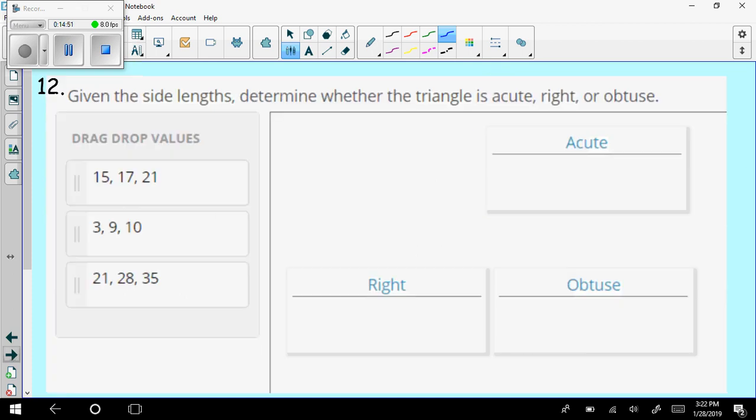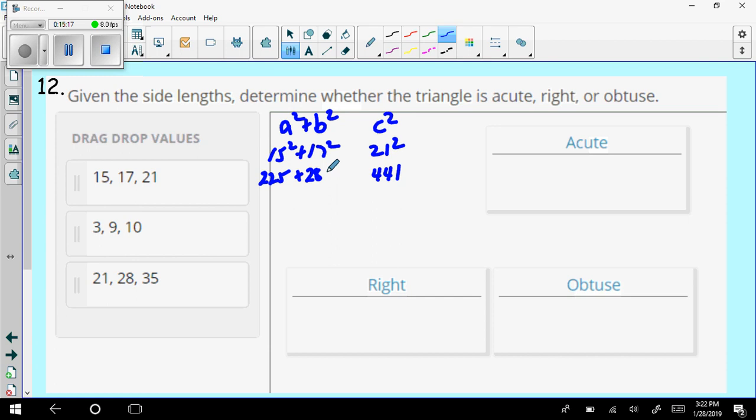Question 12, which one's acute, obtuse, and right? Here we use a squared plus b squared. We compare it to c squared. So on the first one, we have 15 squared plus 17 squared. We're comparing that to 21 squared. 21 times 21, I believe, is 441. 15 squared is 225.